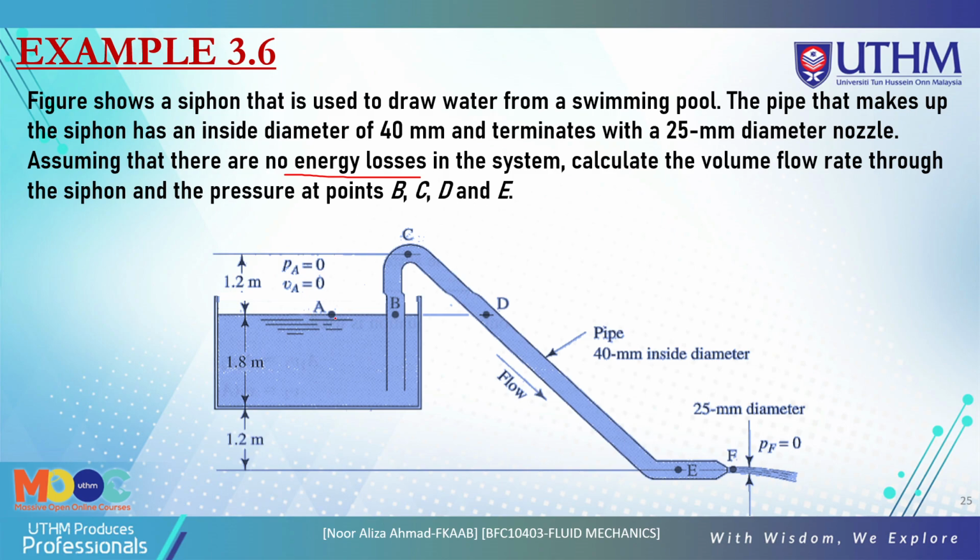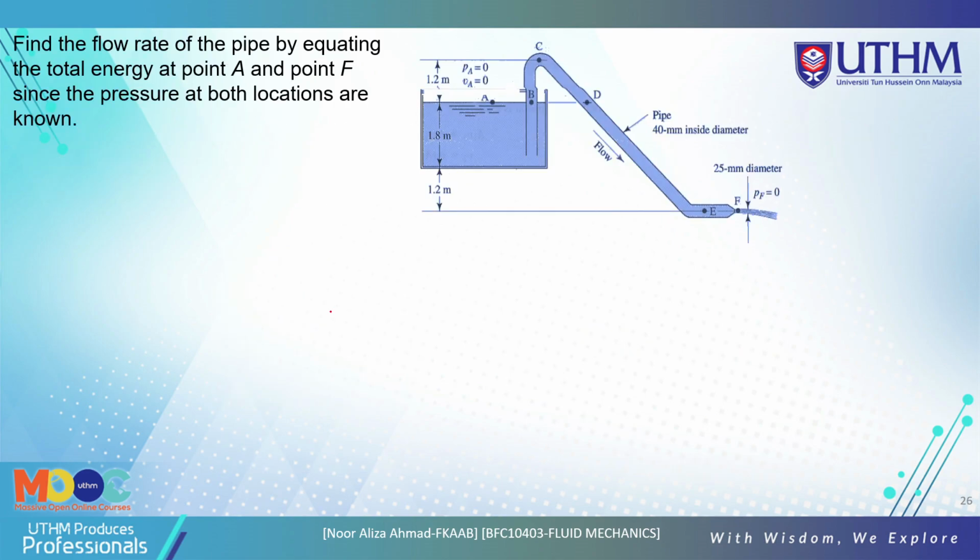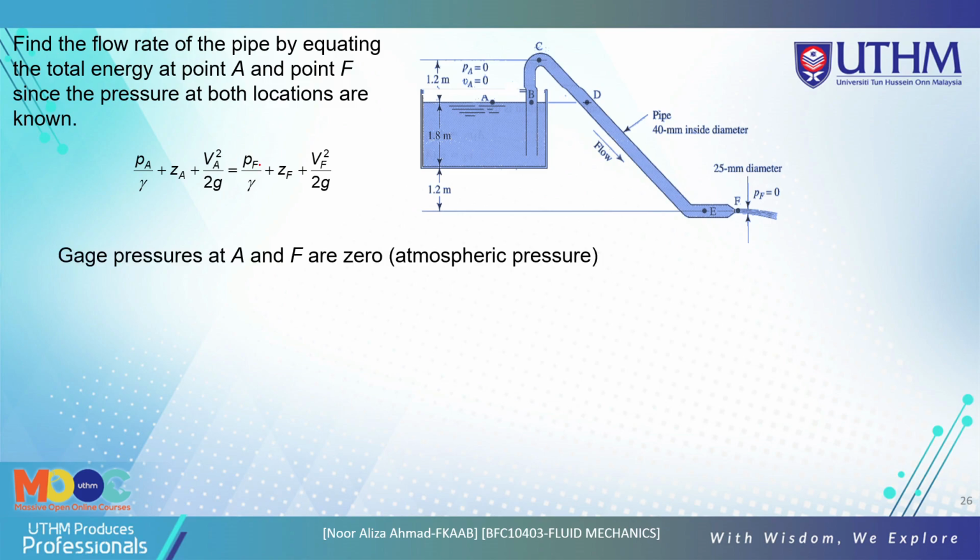First you must find the flow rate of the pipe by equating the total energy at points A and F. Pressure at A is given as 0, and VA is also 0. From point A to point F, the pressure at both locations is known: the pressure at A and F is 0, because A is open to the atmosphere and F is also open to the atmosphere.